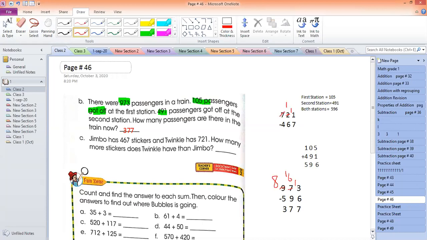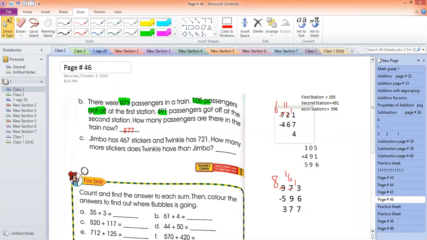So 1 will take a borrow from 7, and that will also become 11.